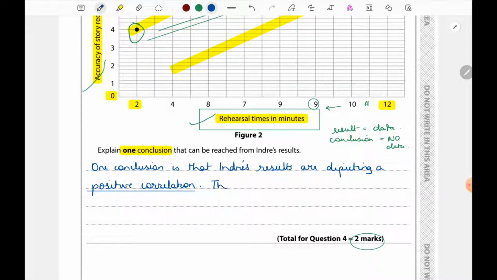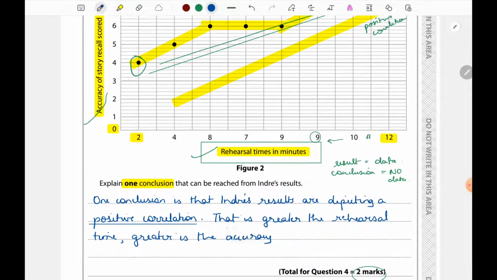That is, greater the rehearsal time, greater is the accuracy of story recall.